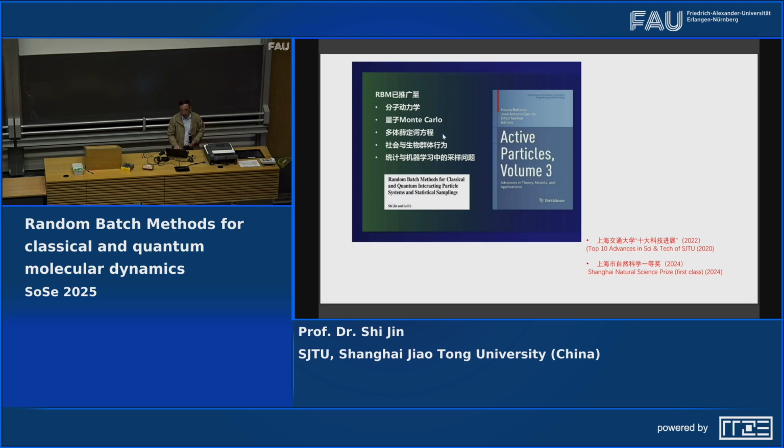So it's an extension to molecular dynamics, quantum Monte Carlo, many-body Schrodinger equation, social and biological collective behavior, sampling problems in statistics and machine learning. So these are the applications. This work was also selected, every year SJTU selects the top 10 advances in science and technology. And last year we got the first class Shanghai Natural Science Prize for this work.